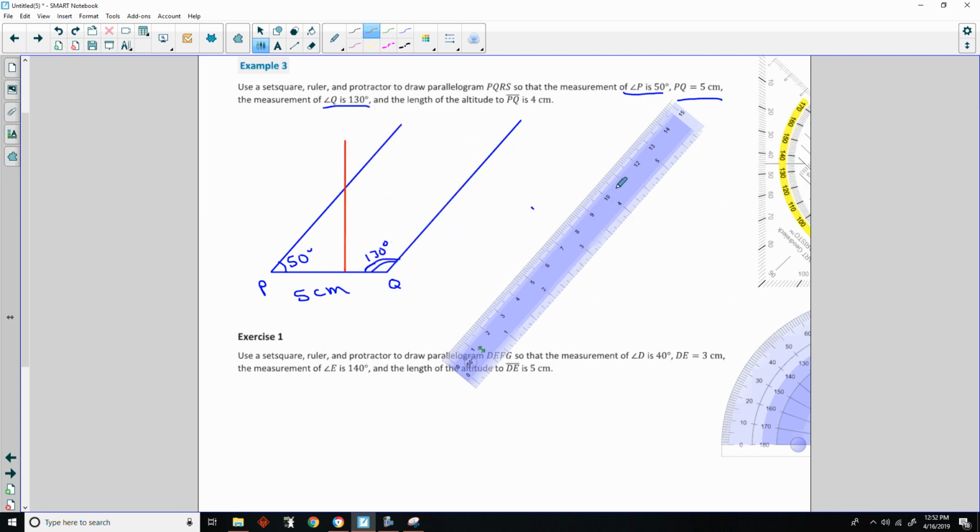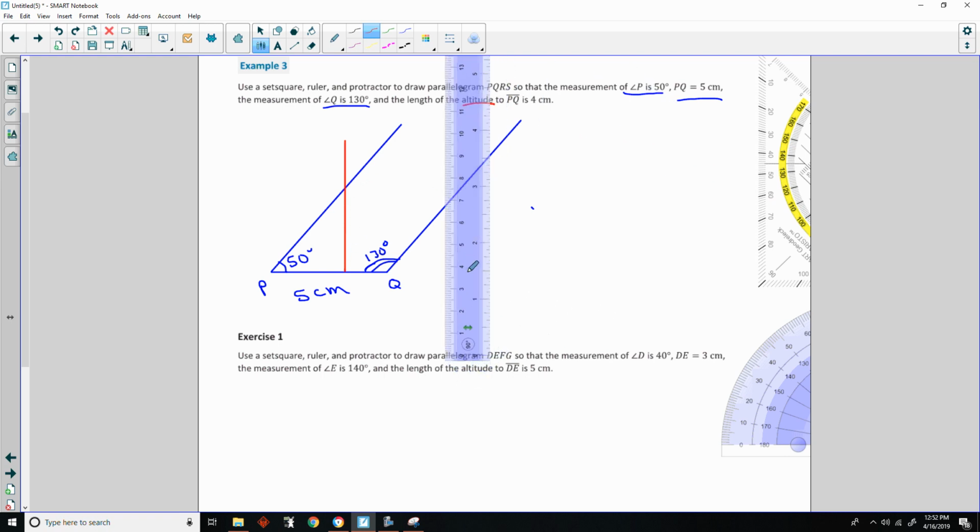Okay, so that is perpendicular, and altitude is perpendicular to the base. So there's my perpendicular line using my square, and it needs to be 4 centimeters long. So now I take my ruler and set it at 90 degrees. You know, you can't do that on paper, but then I would line this up right there, and my 4 is right here. Okay, so I marked it.